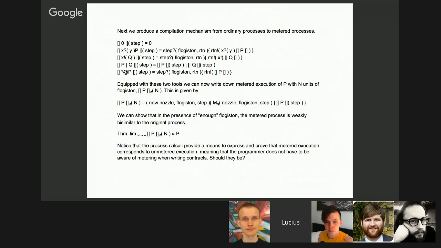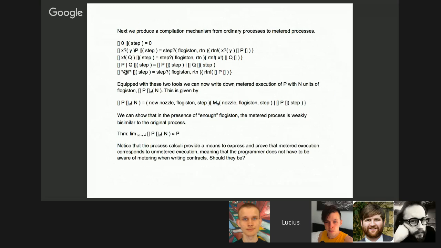So there's the encoding, and we get a correctness theorem, and the theorem is that in the presence of enough of the metered resource, whatever it is we're using to limit computation, if you have enough of it, then the metered version is bisimilar, or weakly bisimilar, to the original version. And that's kind of important because I don't think that exists for the Ethereum virtual machine in Ethereum 1.0.